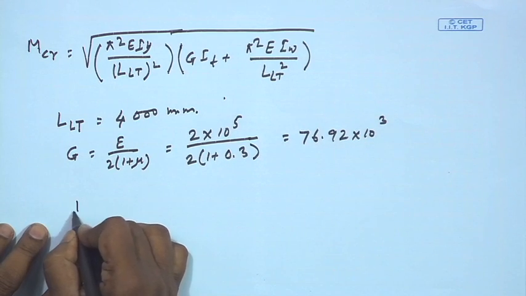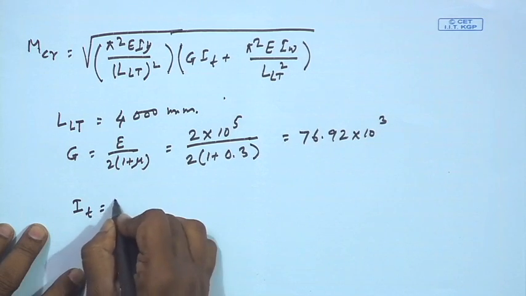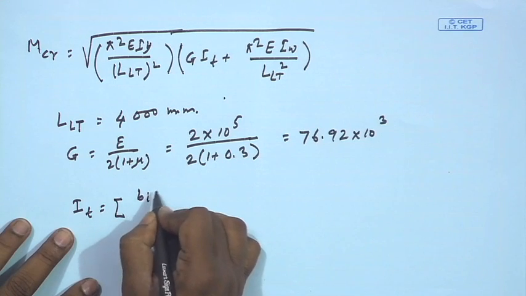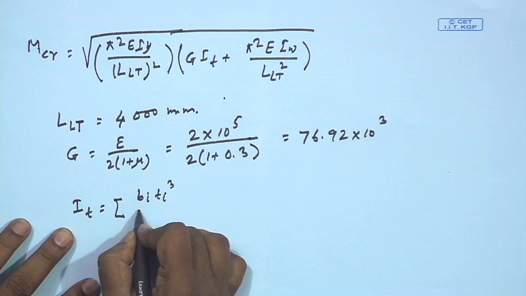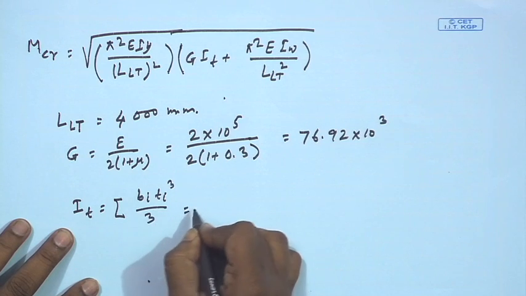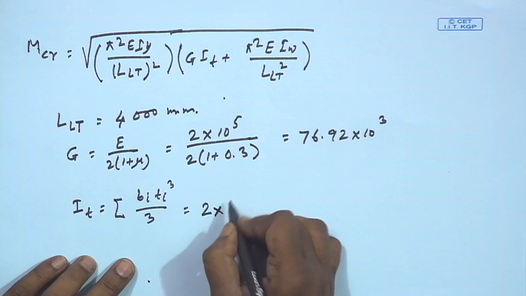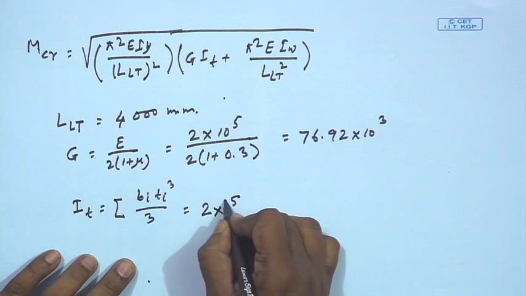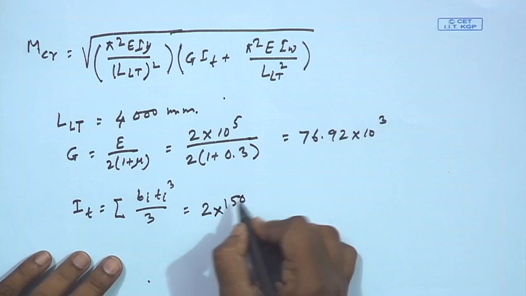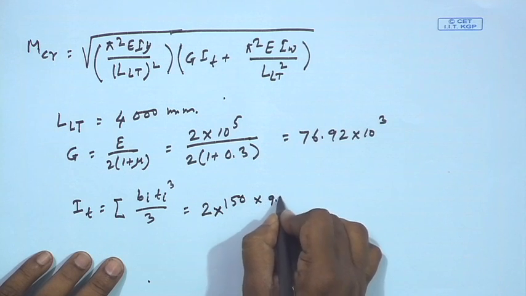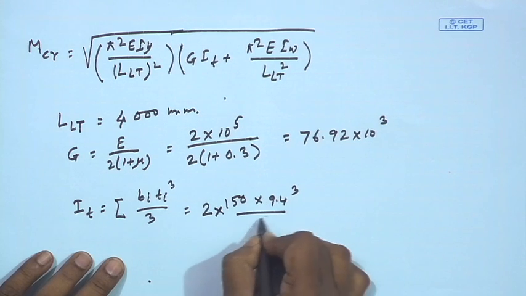Similarly, the torsional constant It we can find. As you know, for an open section it will be the sum of b t cube by 3. So it will be 2 into 150, the flange width, into the flange thickness 9.4 cube by 3.